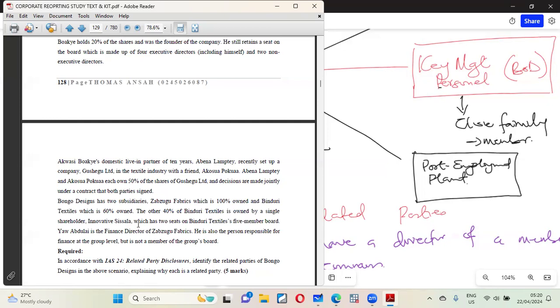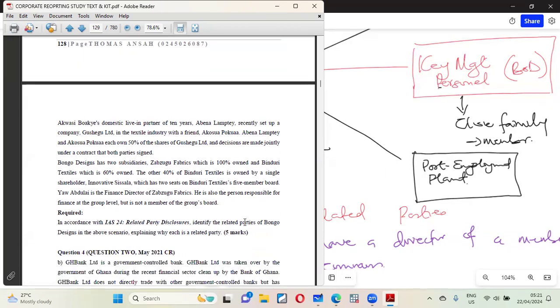Innovative Sisala has 2 seats on Binduri Textiles' 5-member board. So you see, a key management personnel, one is here, one is here. He is also a person responsible for the finance at the group level, but not a member of the group's board.